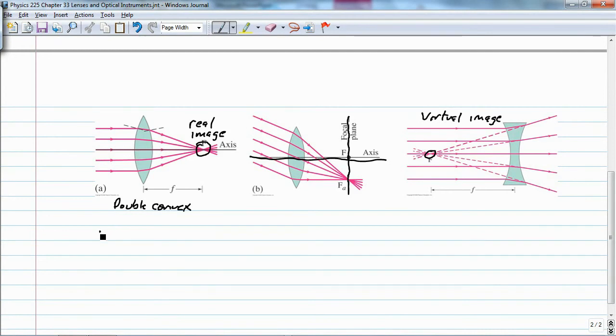Now we're using what's called the thin lens model, because it simplifies a lot of our calculations. This just means that R is very large compared to the height of the lens.